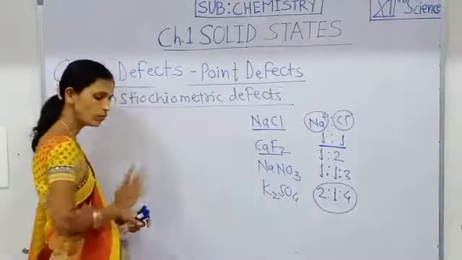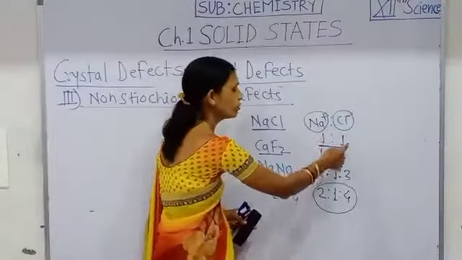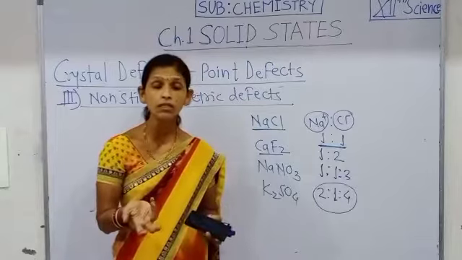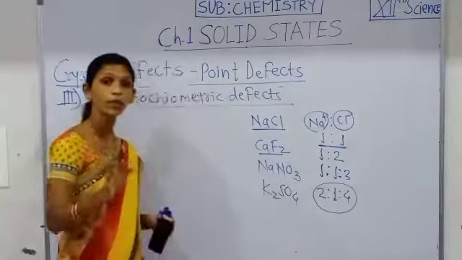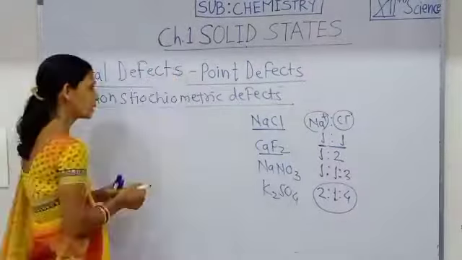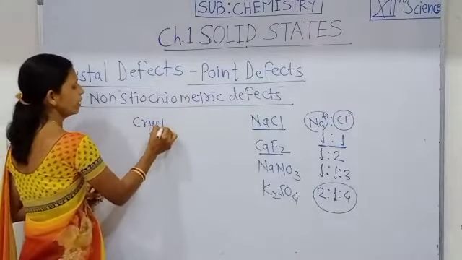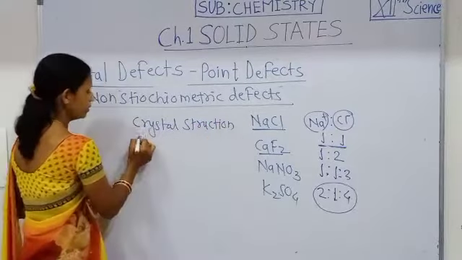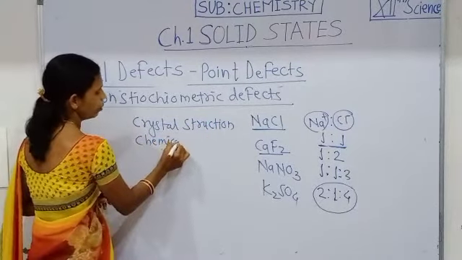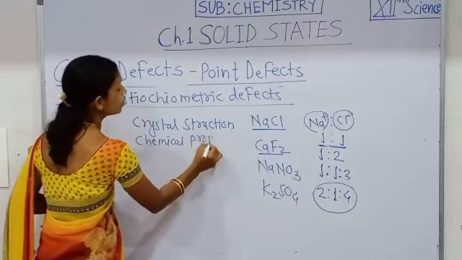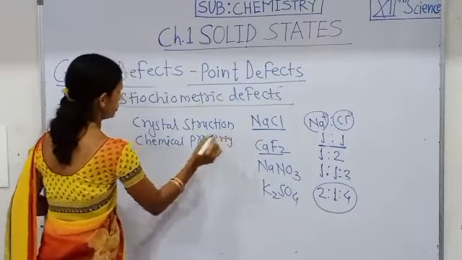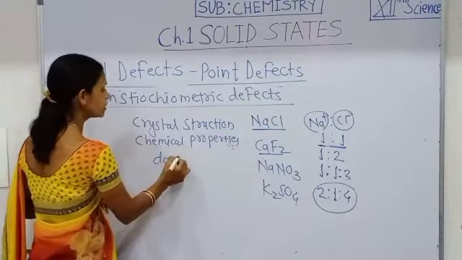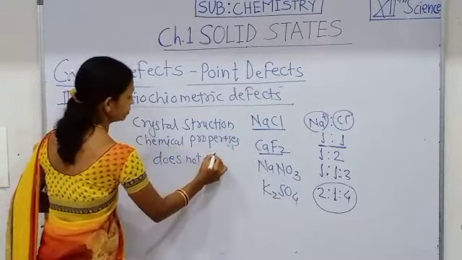In this type of defect, the stoichiometry of the constituent particles present in the original crystalline substance changes, but the crystal structure and chemical properties of that substance do not change. Chemical properties remain unchanged.